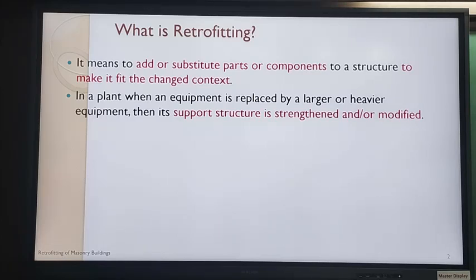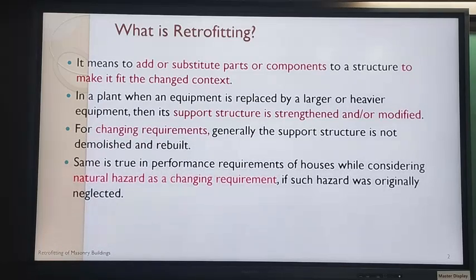You modify it to accommodate either a heavier or larger piece of equipment. That is retrofitting. Right? In the same way, if the building is not built to withstand a potentially destructive natural hazard like earthquake, cyclone, or flood, then it can be retrofitted.